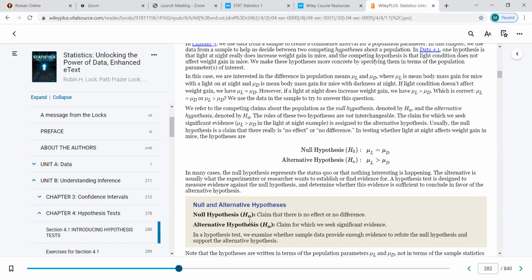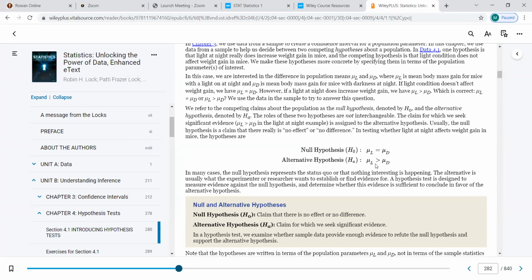Typically we write H sub 0 and then we put a colon. In the case that we were just looking at, we would say that the mean of the light group is equal to the mean of the dark group. In other words, that's the null hypothesis. That's not what the researcher is claiming, but that's what we're assuming at first.